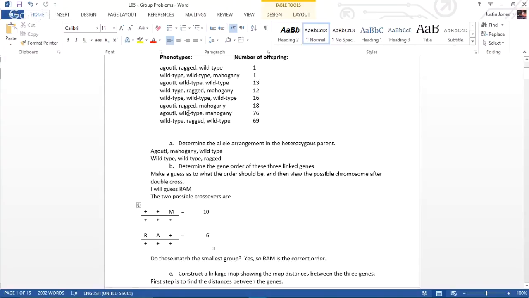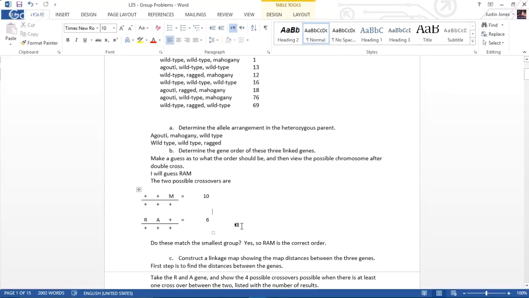So it would be the wild type for ragged, agouti, mahogany. So you'd get right here the wild type, an M, and you flip the A. So wild type, mahogany. There's that. And the same thing where if you flip the agouti, you get ragged, agouti, wild type for there. So that's where I got it.